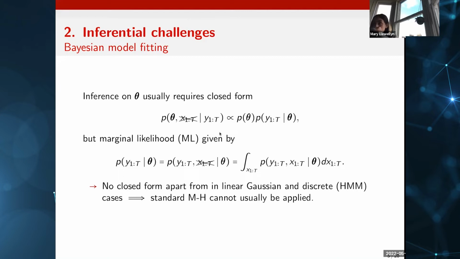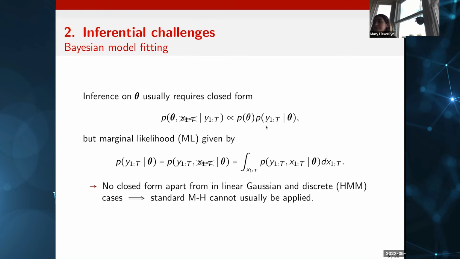So this is the posterior distribution of the static parameters given the data. Something that's probably obvious to you, so apologies, is that this is proportional to the prior on these static parameters multiplied by this likelihood here, this marginal likelihood. So it's marginal with respect to the fact that the states aren't included in that likelihood.